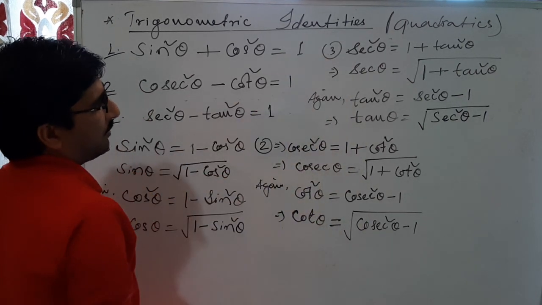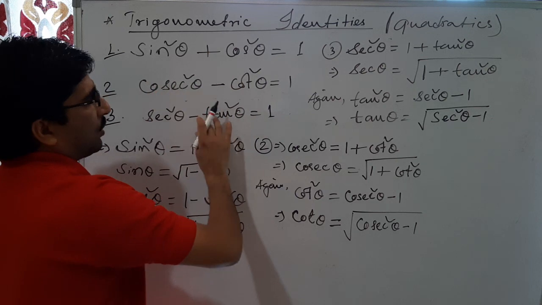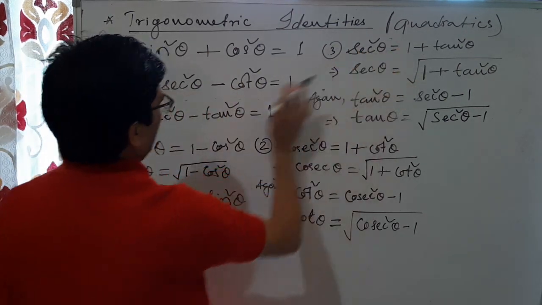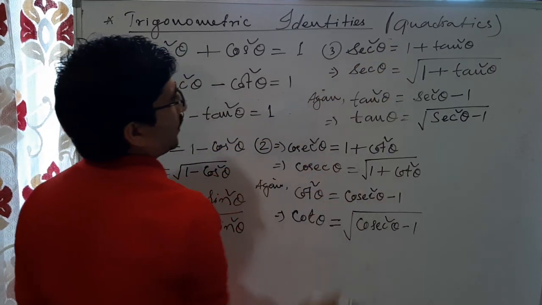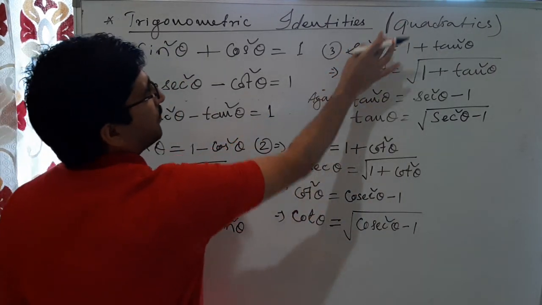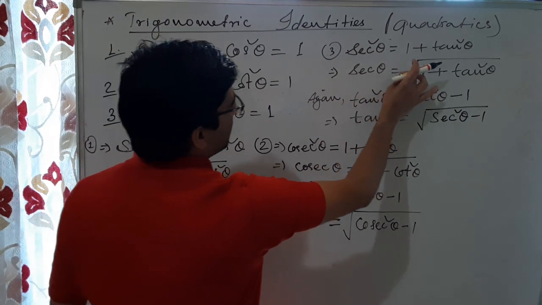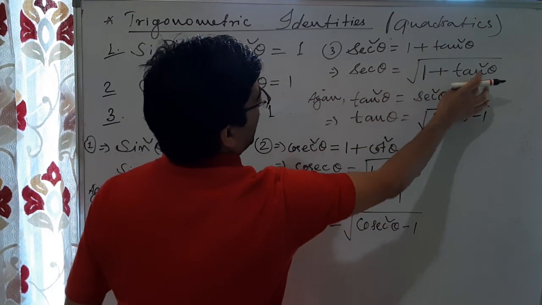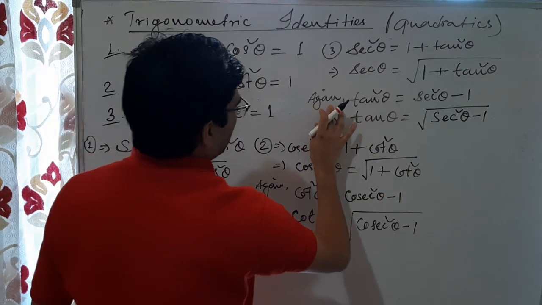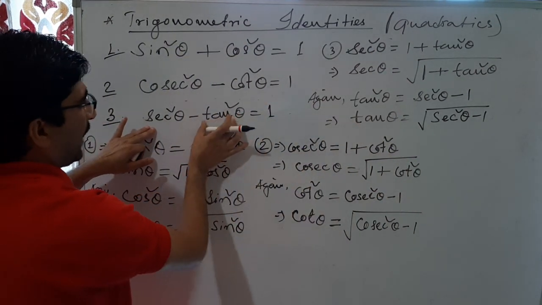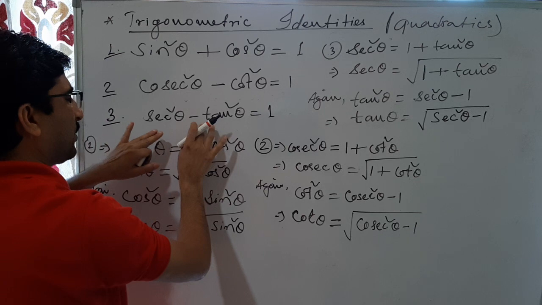Now from the third, sec square theta minus tan square theta equal to 1. Sec square theta is equal to, tan comes this side, becomes plus, that is 1 plus tan square theta. Now remove the square. Sec theta, what comes? Square root of 1 plus tan square theta. Now again, tan comes this side, then 1 also comes this side.